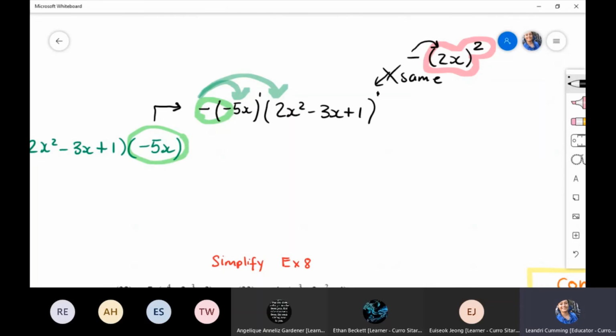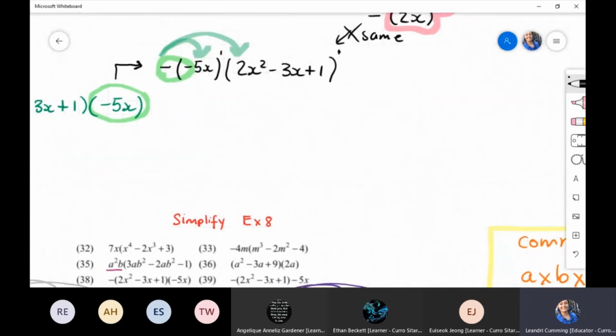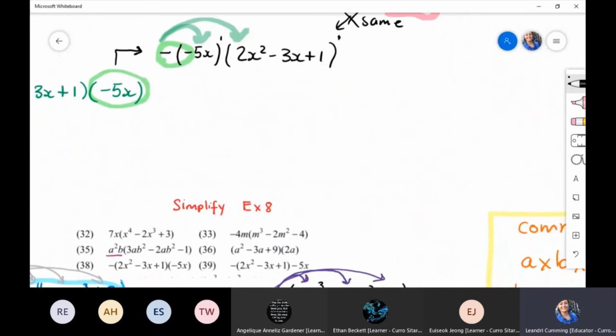I simply have product. So I may sort out this sign here. And I'm going to make my life a lot easier by sorting out a minus times a minus just becomes a plus. So I leave it as a 5x then. And that 5x is what I'm going to multiply into my bracket. And I'm going to work a lot better now because now there's no hassle with other things.